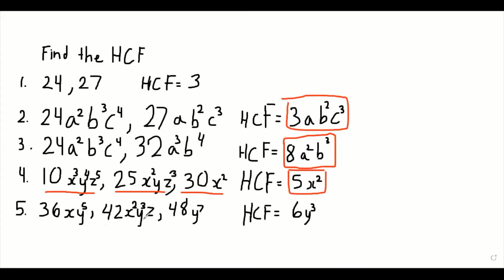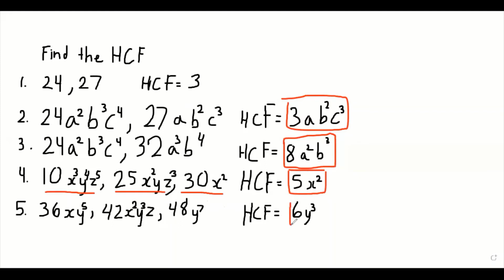And then we look for the variable with the lowest exponent, and that happens to be this one, y to the power 3. Because when you compare them, this is y to the power 5, which is greater than 3, and y to the power 7, which is also greater than 3. So we won't use those guys. We'll pick this one right here. And hopefully I can show you the reason why.